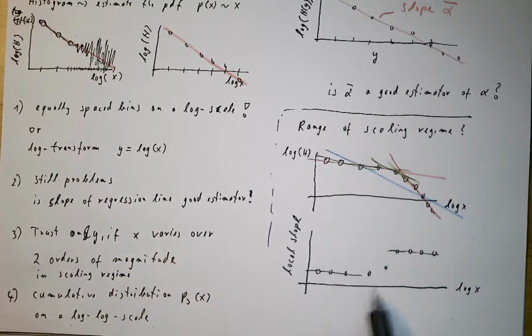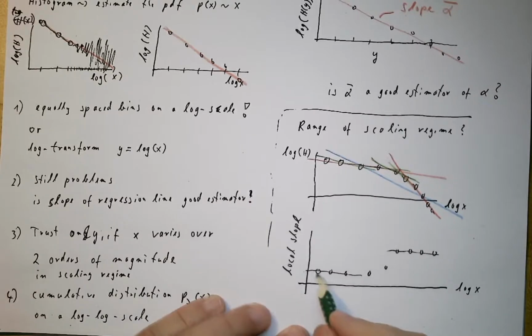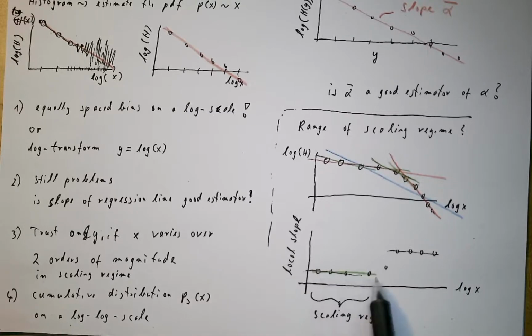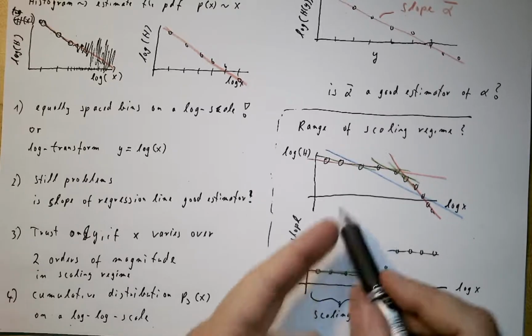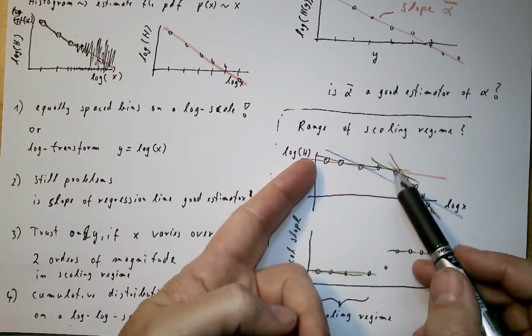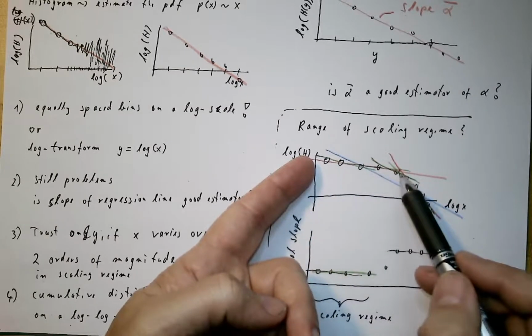So if you find a range where you could say, okay, here we have a slope which is more or less constant, that's the scaling regime. And in this regime the data should vary over 2 orders of magnitude, not in the whole thing, because if in the whole thing you have 2 orders of magnitude but you find a straight line only in a small range, that is not enough.